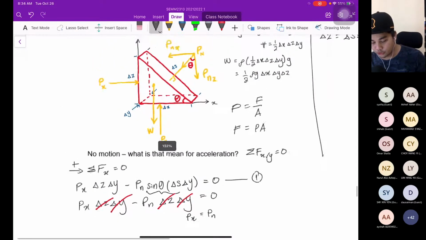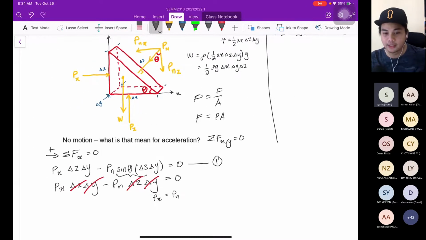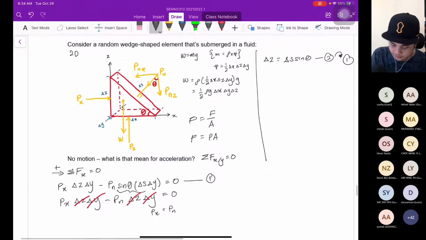So what can you deduce from here, class? The pressure in the horizontal direction is equal to Pn. You can see here, same. So whatever force, let's say we have the force here.